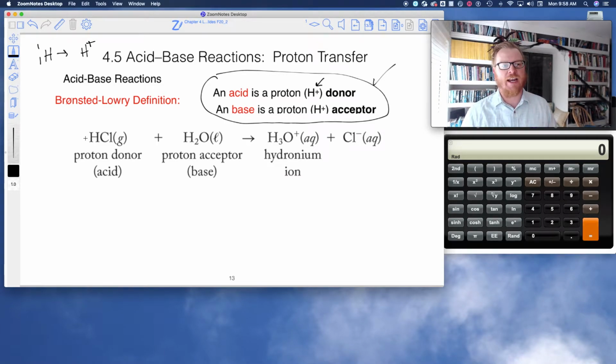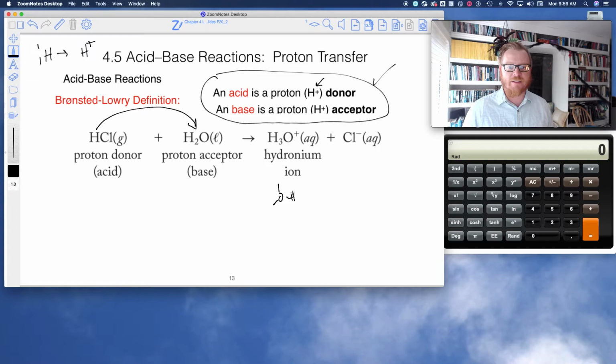So let's look at this reaction. Hydrochloric acid, HCl, a hydrogen bonded to a chlorine. That is the proton donor, so that is the acid. And in this reaction, water has to be the base. As we will see, water can act as an acid and a base. It's very unique in that way. So when this reaction goes, the acid donates a proton and the base accepts the proton, and what we are left with is the hydronium ion, H3O plus.